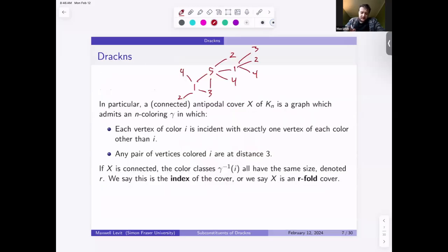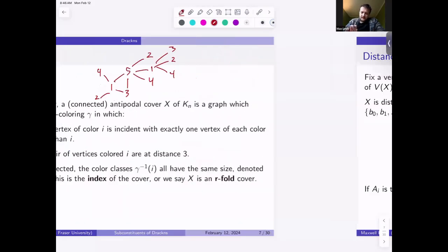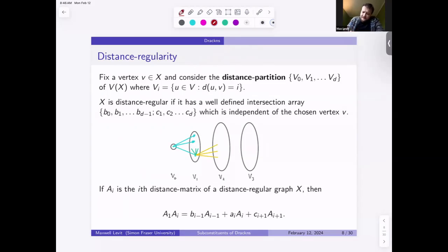So you pick a vertex in your graph, and you look at your vertex here, and you look at all of its neighbors, and then you put all the vertices at distance 2 from your starting vertex in this next blob, and at distance 3 in the next blob, and maybe you go on, but for our sake, we don't need this. And also because we're working in diameter 3, we're not going to need more blobs.